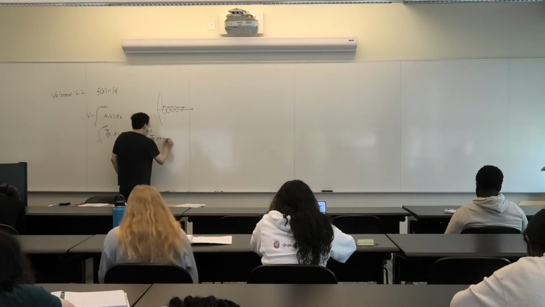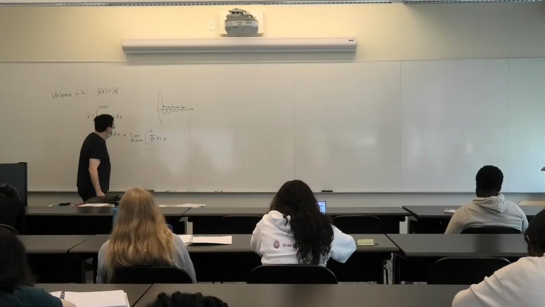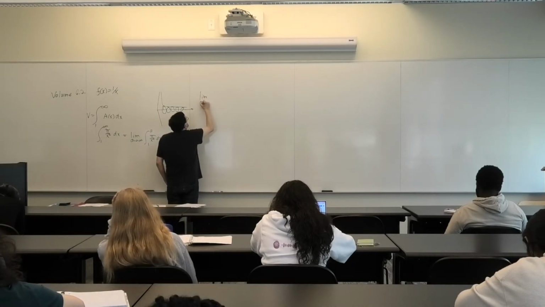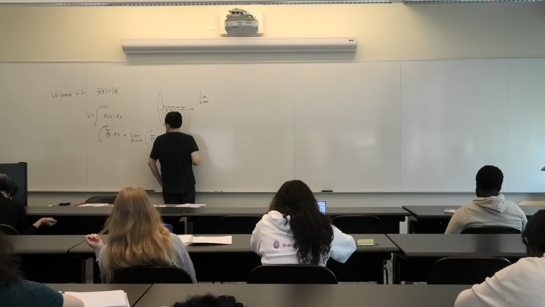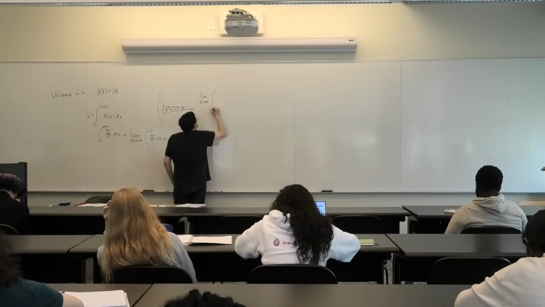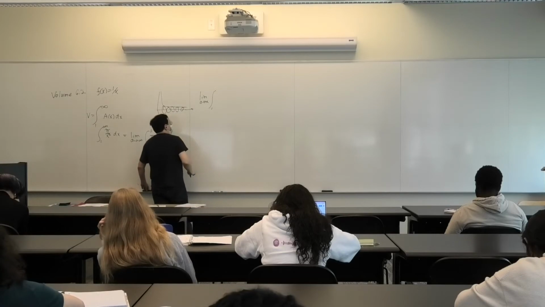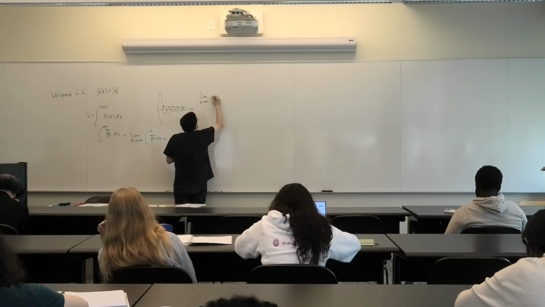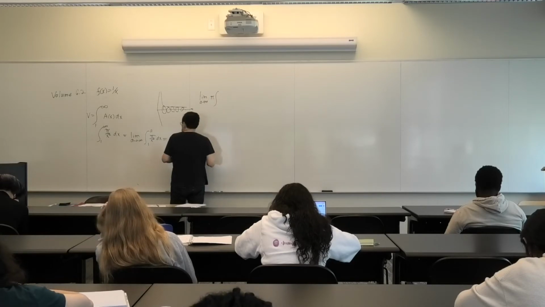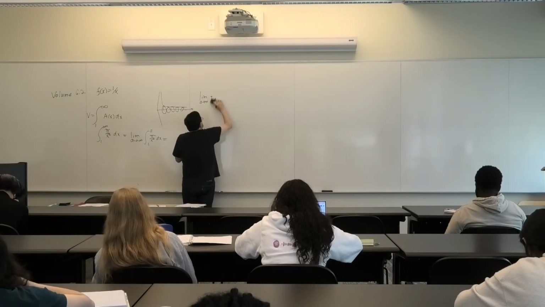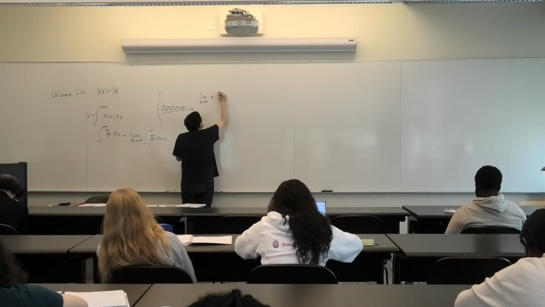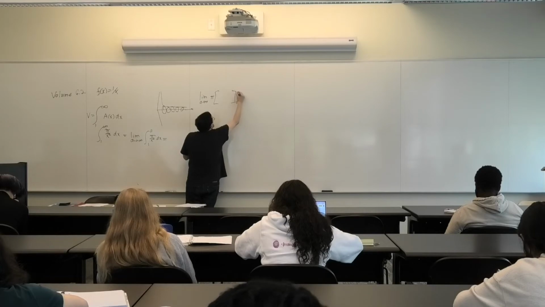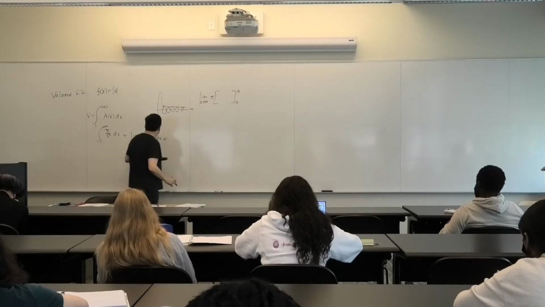All right. So what is the antiderivative of, take the pi out also, 1 over x squared? Anyone?